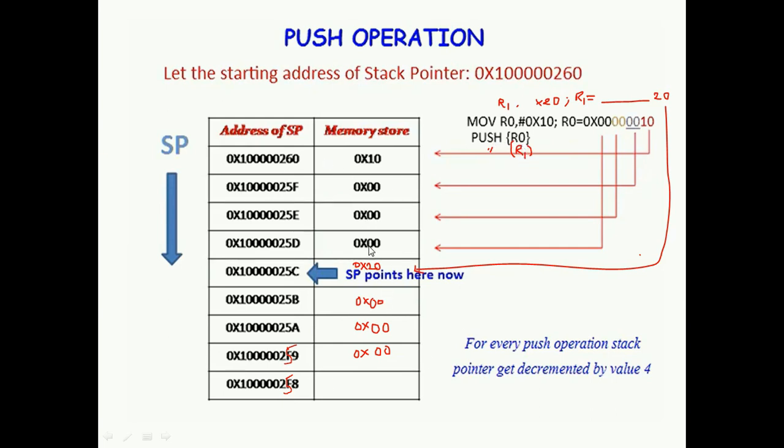The stack pointer is having two pushed values of registers R0 and R1 respectively. As it is working in the first in last out model, if I use the pop operation here, first this value is popped followed by this value. Remember this. I repeat, for every push operation, the stack pointer value gets decremented by 4.